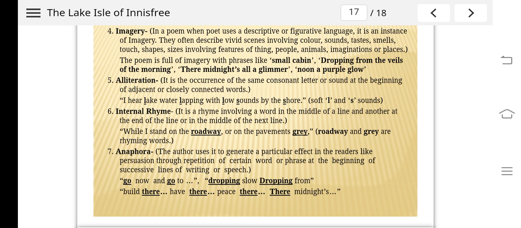The author uses anaphora to generate a particular effect in readers, like persuasion, through repetition of a certain word or phrase at the beginning of successive lines of writing or a speech. That is called anaphora.